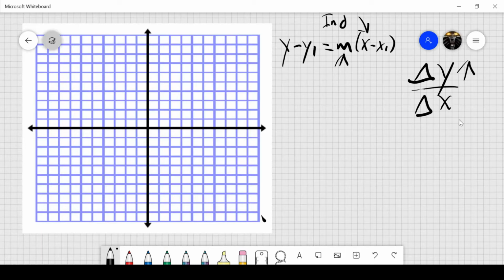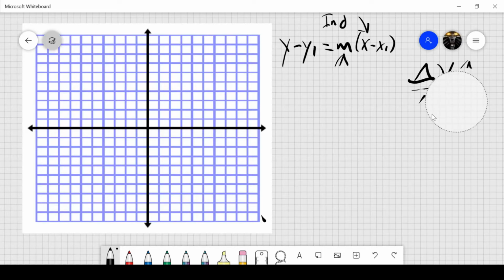So rise over run. Remember, with whole numbers, so if we have a 2x, the 2 is actually 2 over 1, so our y change and our x change is going up 2 over 1.